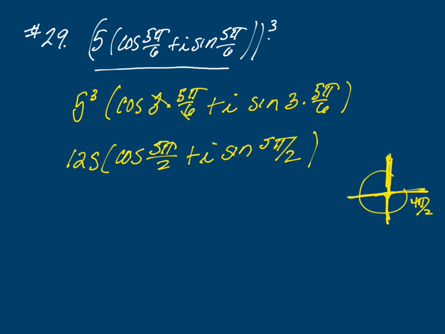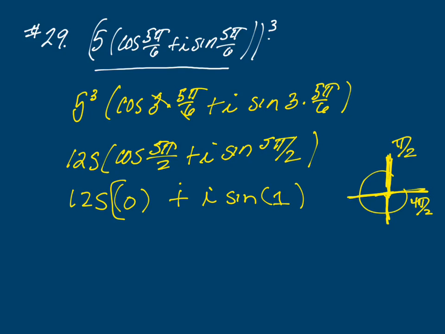So 5 pi over 2 is the same thing as pi over 2. So you have 125, and the cosine of pi over 2 is 0, plus i sine of pi over 2, which is 1. So you get 0 plus 125i. So you just get 125i, which is D.